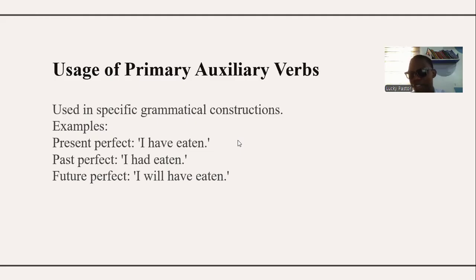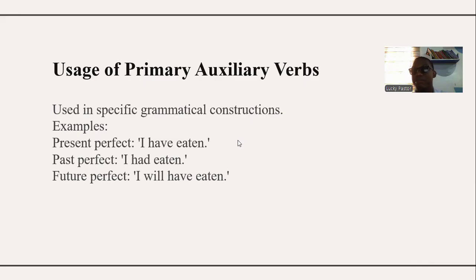Okay, now let's talk about the usage first of all. Usage of the primary auxiliary verb. Now, it can be used in specific grammatical constructions, right? For instance, we have an example. Present perfect tense. You can say, I have eaten.